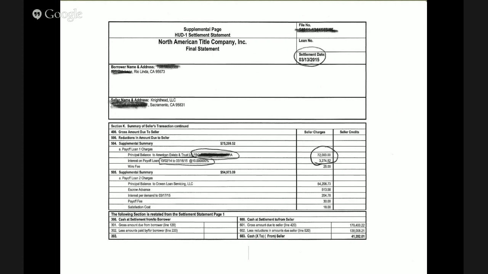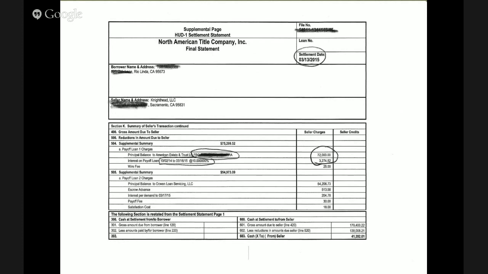That's loan 2. Loan 1 was in the first position, but in terms of paying it off in the escrow, they called loan 1 the first position. And this is a private lender, and they're using a UDirect IRA as their IRA company, and they use someone who holds the money called American Estate and Trust.